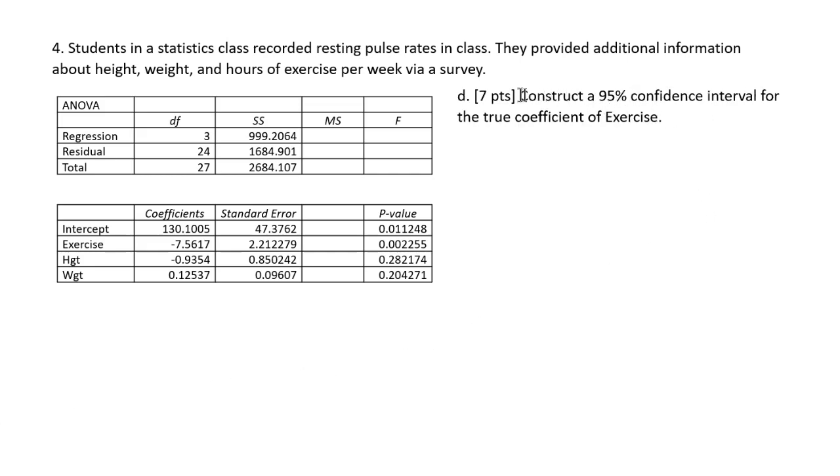Part D, construct a 95% confidence interval for the true coefficient of exercise. This coefficient right here, these are all estimates because we don't have the data for everybody. It's just students in one class.